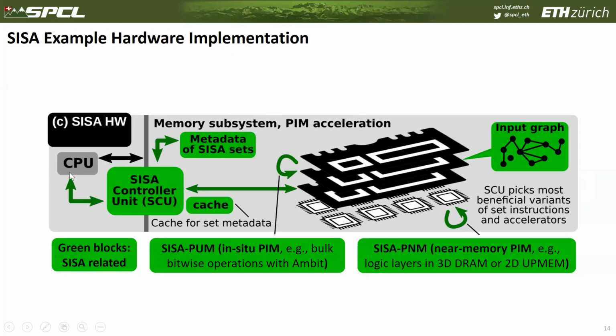The general overview is that we issue our instructions to modify some data in the memory, and if these instructions are related to the set operations that we are implementing here, these operations will be intercepted by a small controller that we call SCU, and this controller is going to decide what variants of set operations and how these variants are going to be executed using our PIM acceleration.